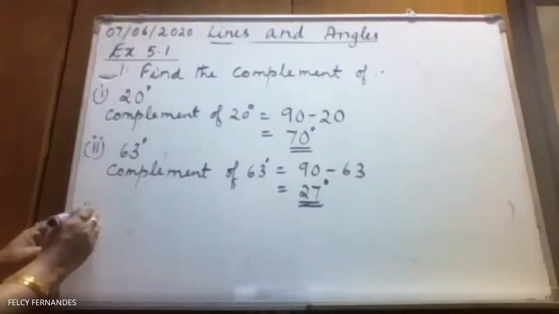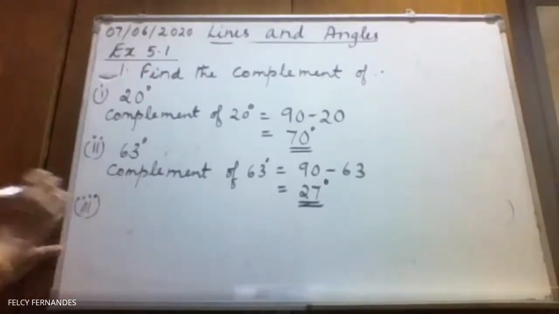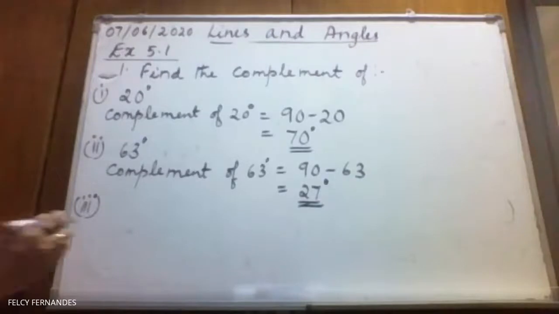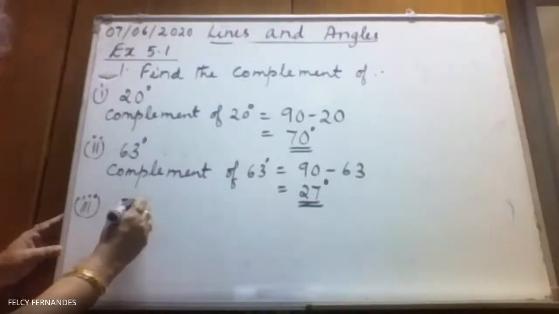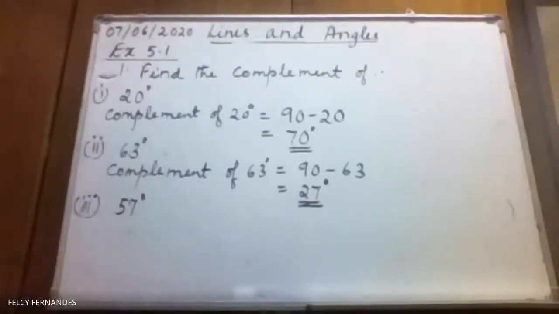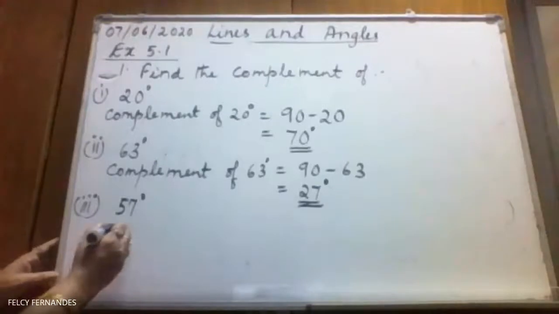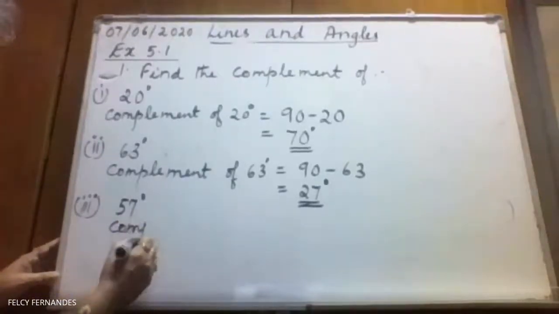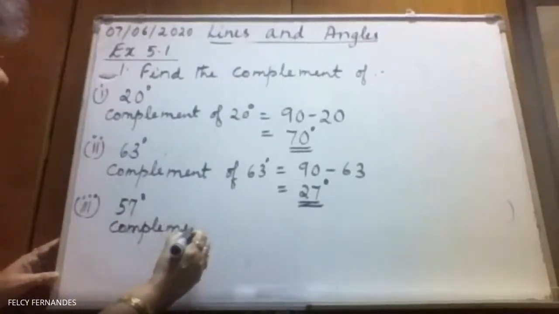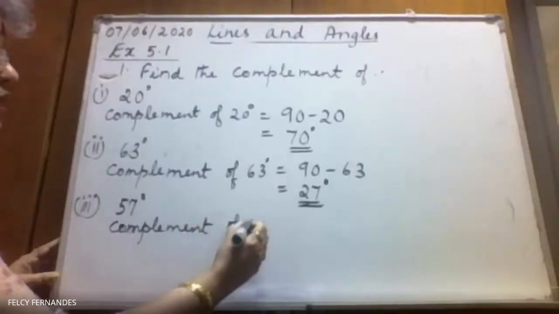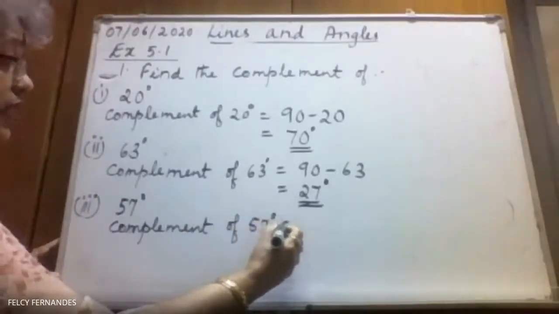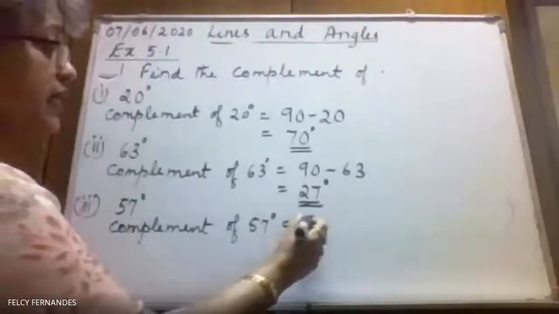Okay, one more. Third one. Find the complement of 57 degree. Do it. The next statement will be complement of 57 degree is 90 minus 57.